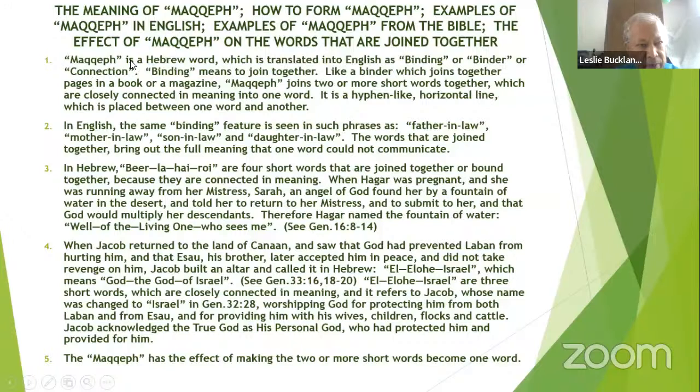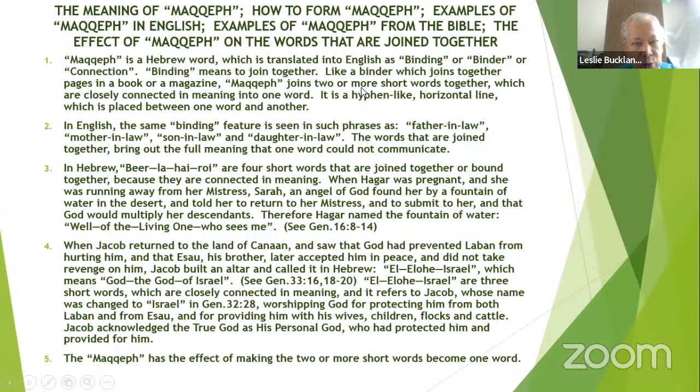Number one, Makef is a Hebrew word which is translated into English as binding or binder or connection. Binding means to join together, like a binder which joins together pages in a book or a magazine.